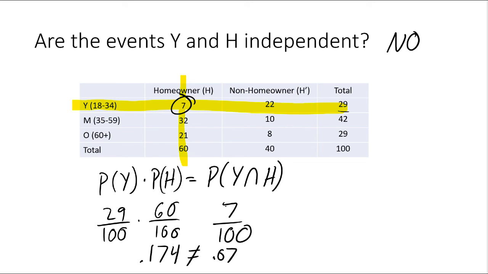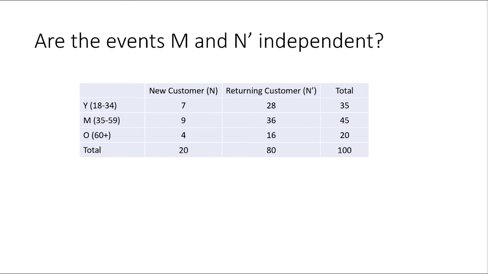All right, let's look at one more example. In this example, we have people broken down by the same age groups. But in this case, we have, are they a new customer or a returning customer?